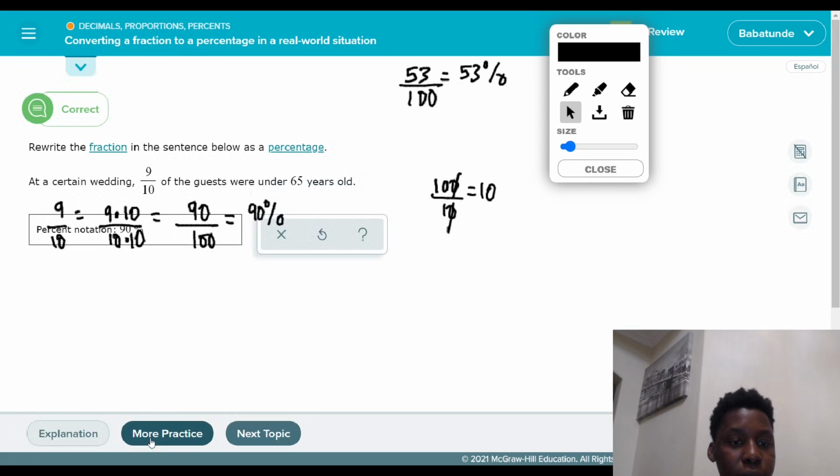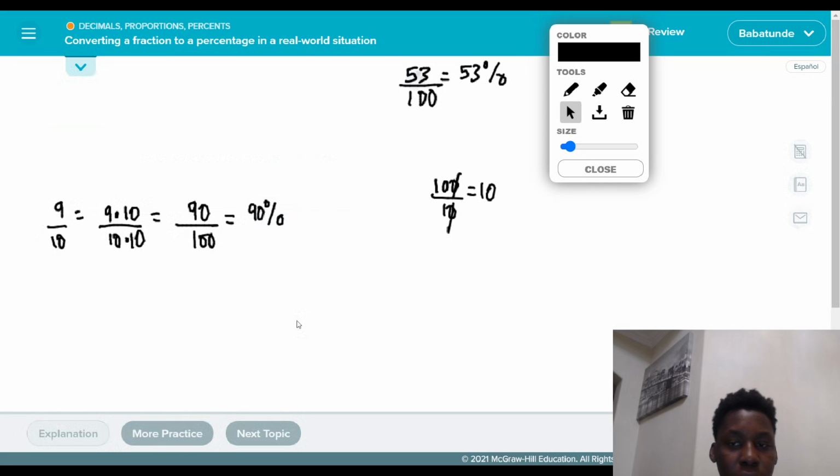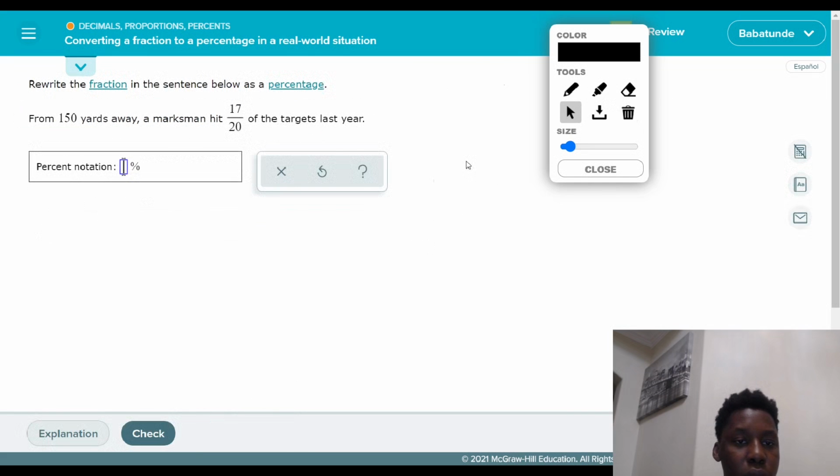Check. So let's look at more practice. We're going to use the same approach we used in the previous example in this question. Feel free to pause the video if you want, right? So we ask ourselves, what is the fraction in this question? That's the first step.